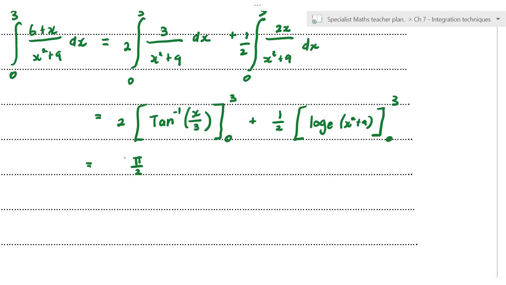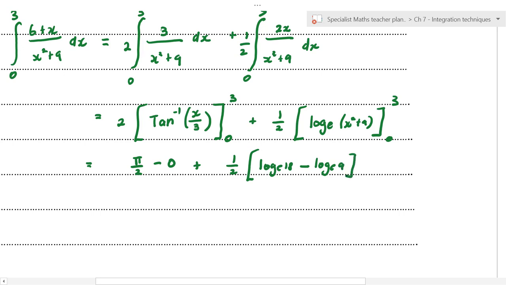So that's going to be pi on 2 minus 0. And then we've got plus, let's keep the half at the front, log e of 3 squared plus 9, 18. Log e of 18. And then we're subtracting log e of 9.